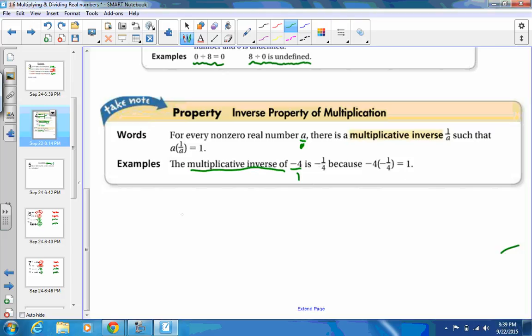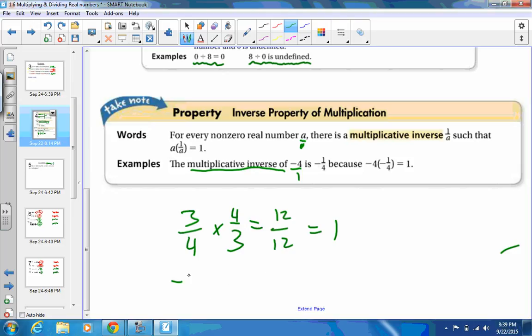So let's say you have 3/4. The multiplicative inverse, you multiply by the reciprocal, and just to show how you get 1, you multiply across and get 12 over 12, and that is equal to 1. Same thing works with any kind of negatives.